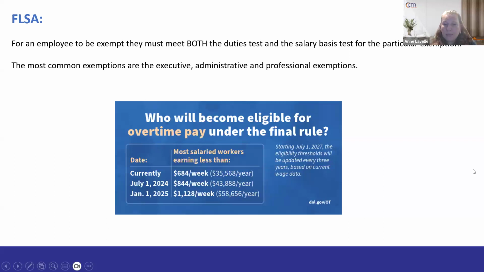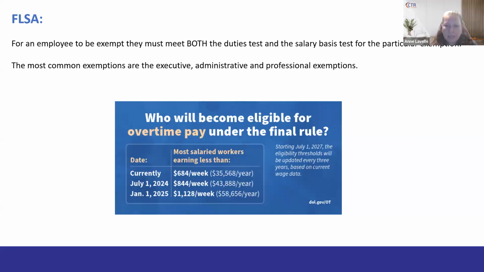The employee must meet both the duties and what's known as the salary basis or salary level test for the particular exemption. So the most common exemptions are what's known as the executive, administrative, and professional exemptions. And people get these wrong all the time. It's very complex and not clear under the regulations, and it gets confusing.